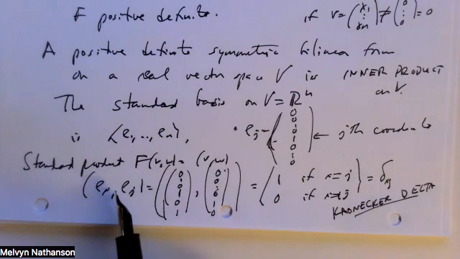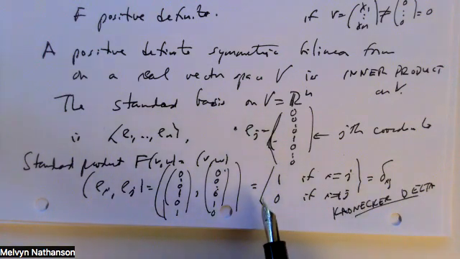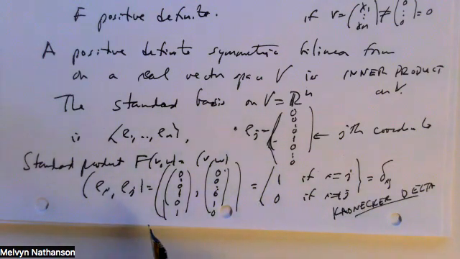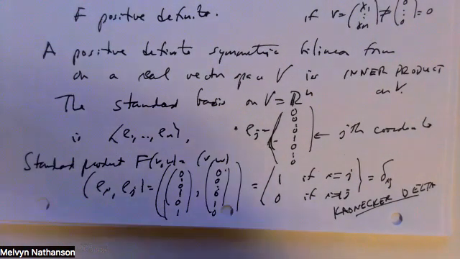And if you take the standard inner product applied to the standard basis for Rn, the inner product of two basis vectors, ei, ej, it's either 0 or 1. It's 0 if the vectors are different and 1 if the vectors are the same. So that's a nice observation.